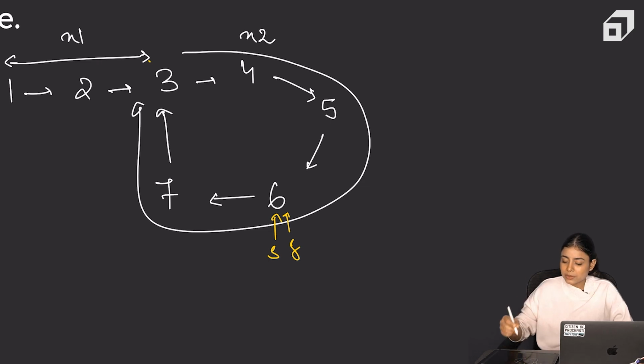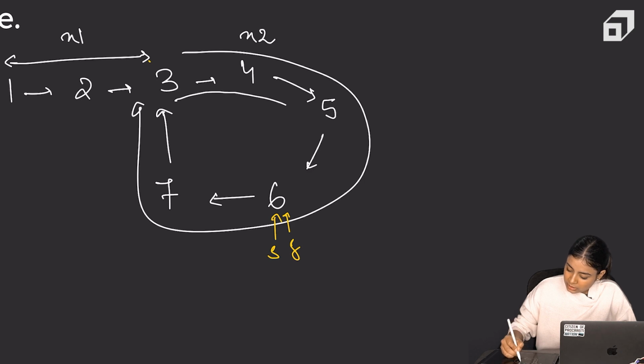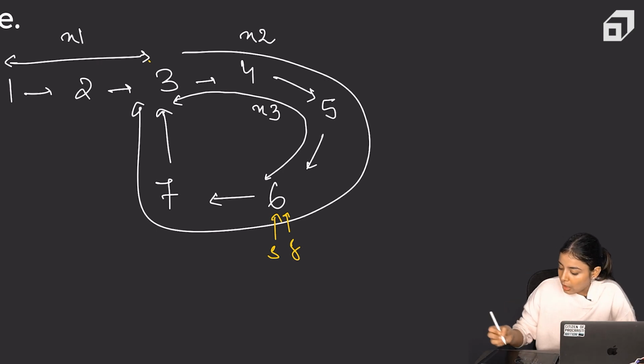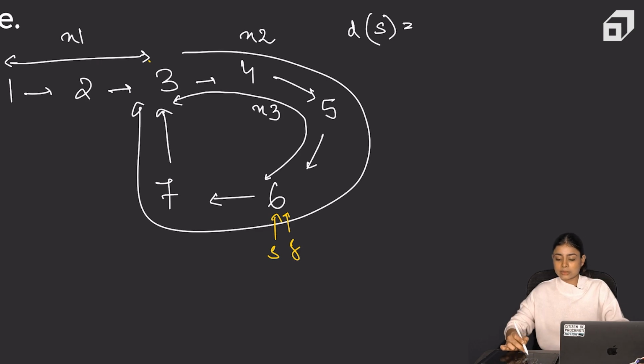Let's say the distance from the start of the cycle to the point where these 2 pointers were meeting, let's call it x3. Now let's try to find out what was the distance covered by the slow pointer till this point.